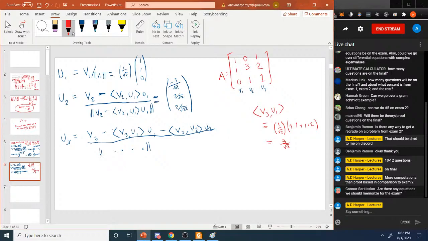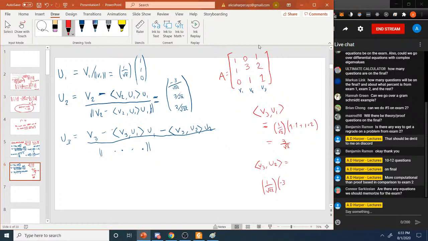So now I know what the inner product of V3 with U1 is. I also have to compute the inner product of V3 with U2. So again, I'm going to have a 1 over square root of 22 on the outside. And then, what else am I going to have? So 1 times -3.